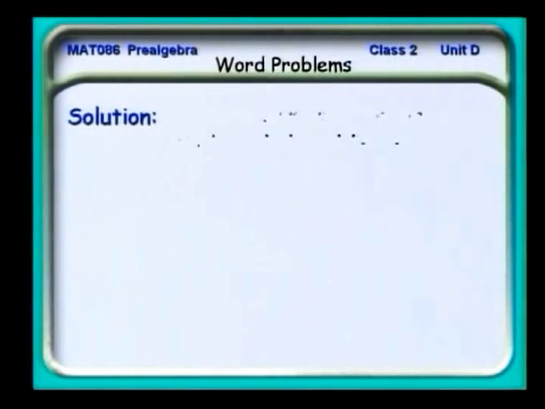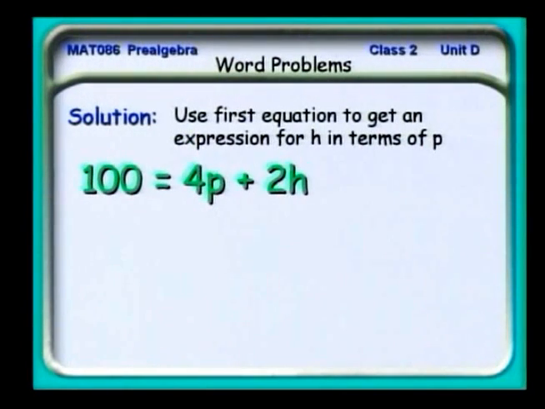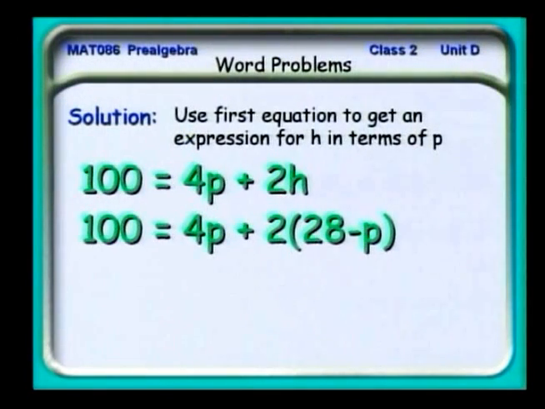Let's work on the solution. We first use the expression to get the expression for hens in terms of pigs, so we have one unknown to solve the equation. So if we start with 100 feet is 4 per pig and 2 per hen, we can substitute for hens 28 minus p, which is the same.